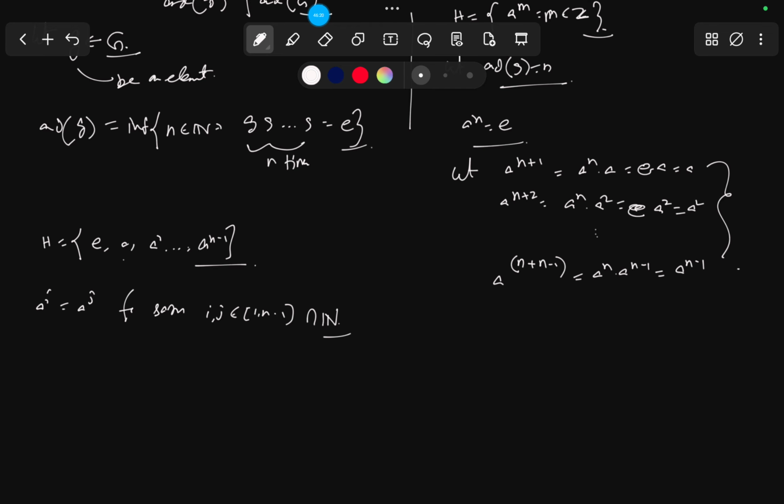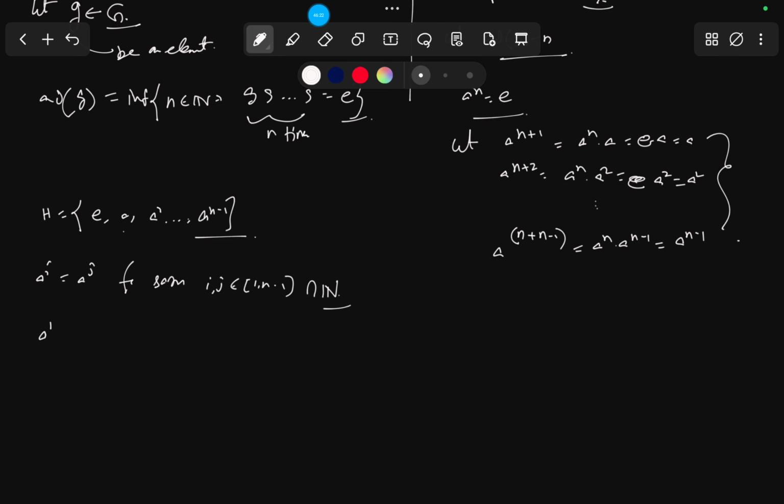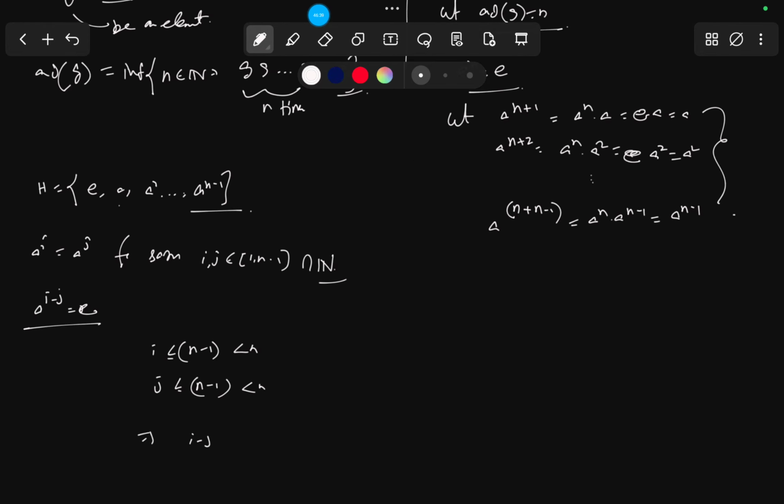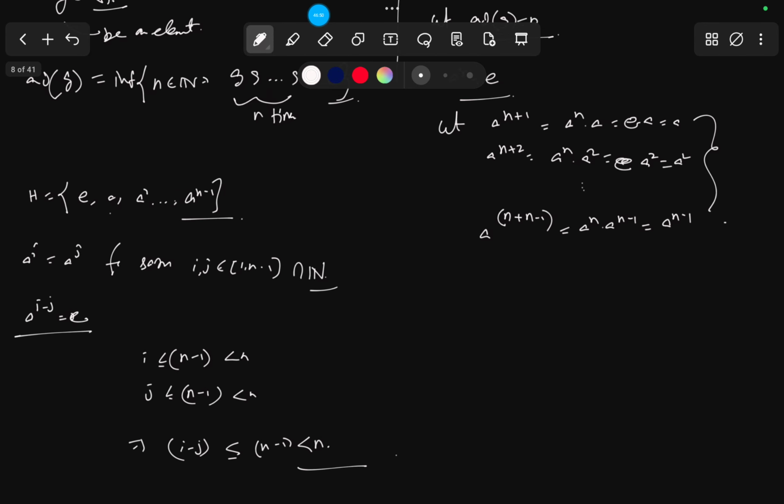Then a power i minus j is the identity. Now i is less than or equal to n minus 1, strictly less than n, and likewise j. So i minus j will be less than n.